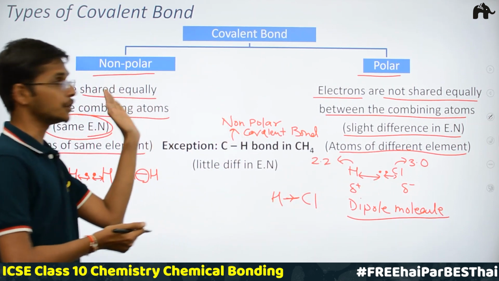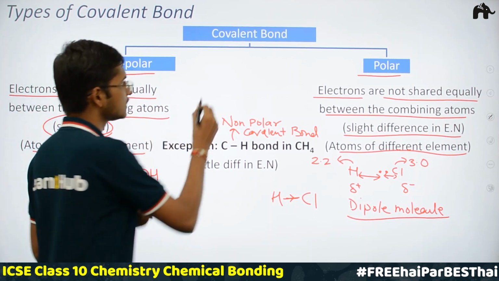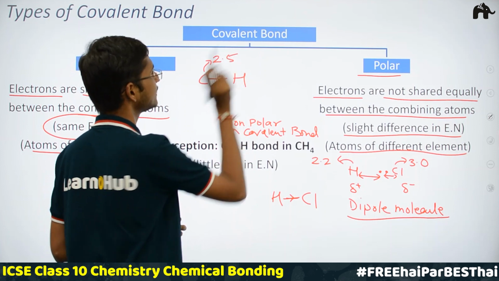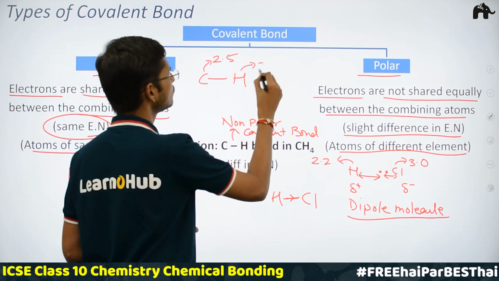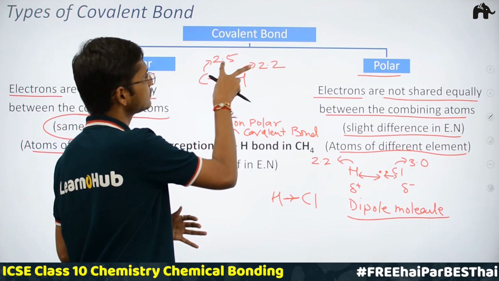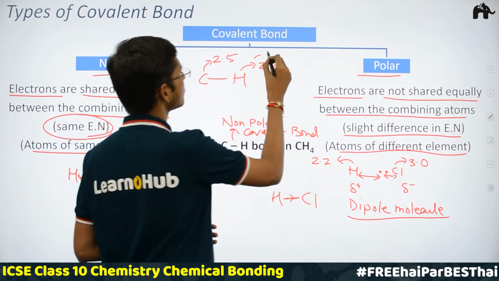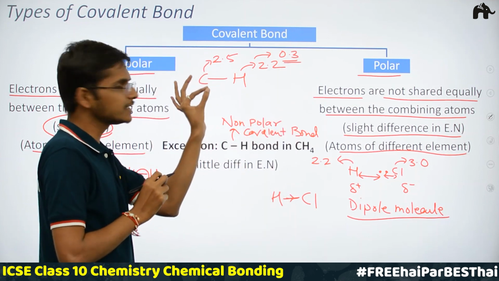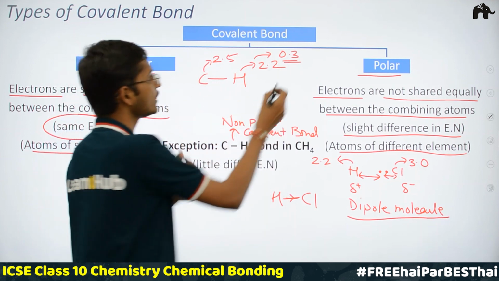But it is non-polar because here carbon has 2.5 electronegativity and hydrogen has 2.2 electronegativity. What you have to remember is that they have an electronegativity difference which is very little, 0.3.